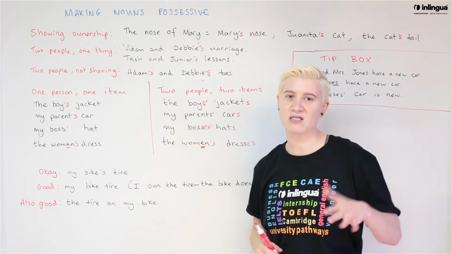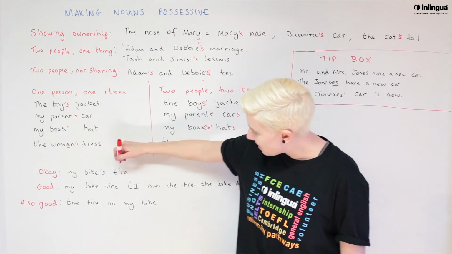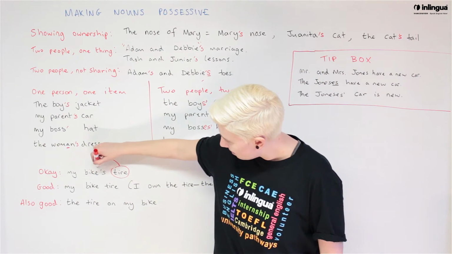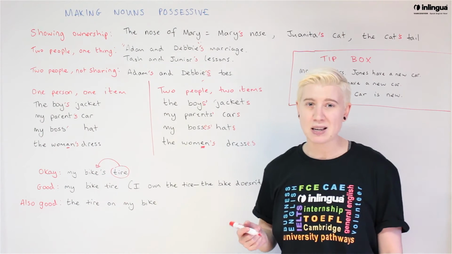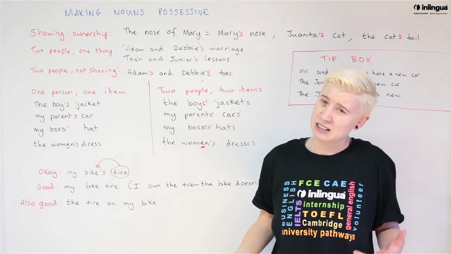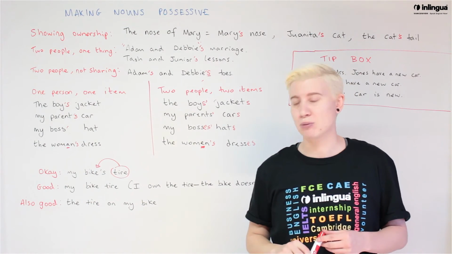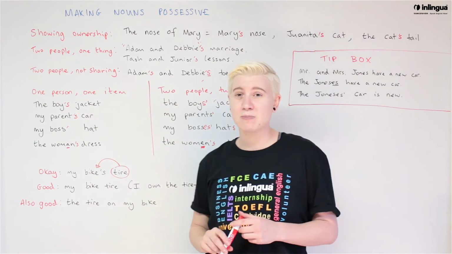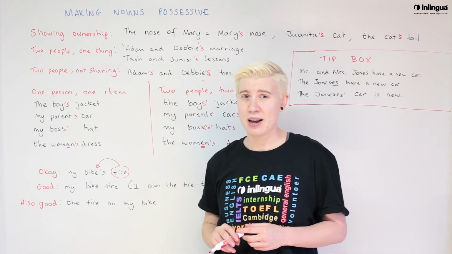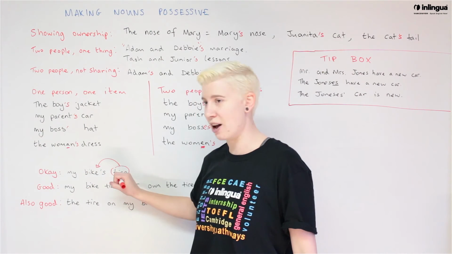Let's have a look at some sentences with possessives. This sentence is okay: my bike's tire. In this sentence, the tire belongs to the bike, which kind of does. I mean, my bike has a tire, I suppose. But it doesn't really explain the relationship properly. This is better: my bike tire. The bike is mine. The bike tire is mine.